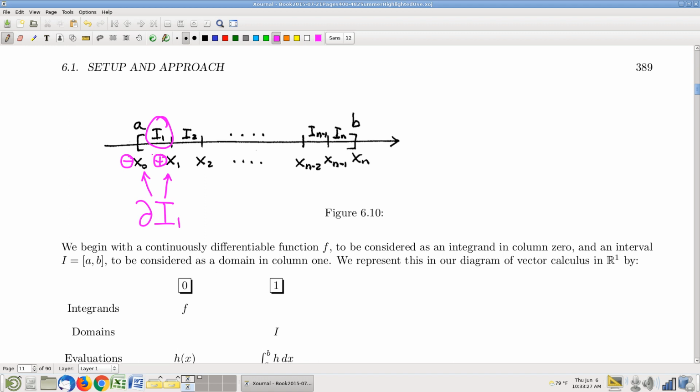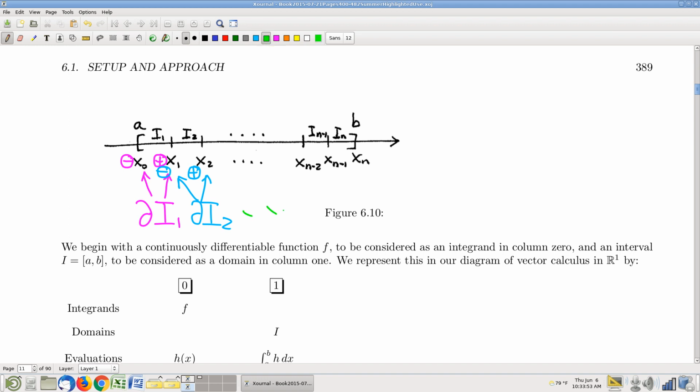Now let's talk about I2. Let's look at the boundary of I2. The boundary of I2 is going to consist of these 2 points, this one with a negative orientation, this one with a positive orientation, etc., etc., etc. Check it out, though.